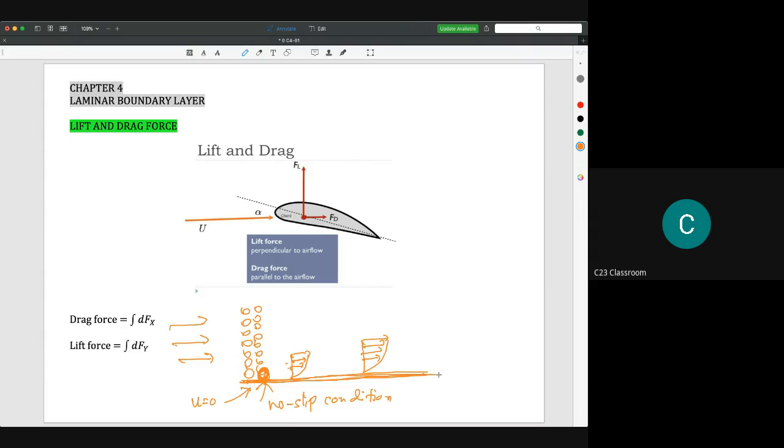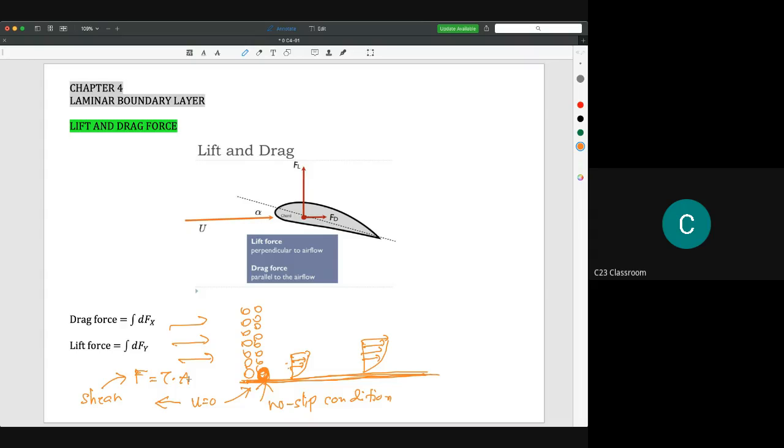Okay, so another thing that you should know is that this no slip condition is actually showing that this molecule has a shear, and this shear could create force. Because we know that force is equal to tau times A, so if we have a surface, the total shear stress that acts on the surface will create force.